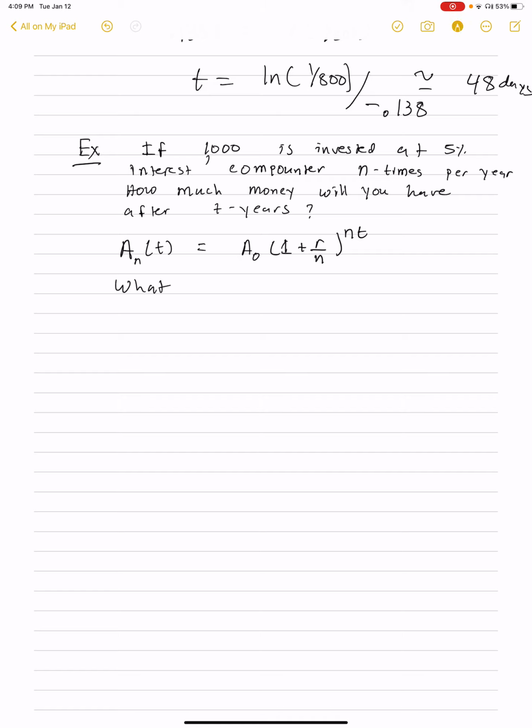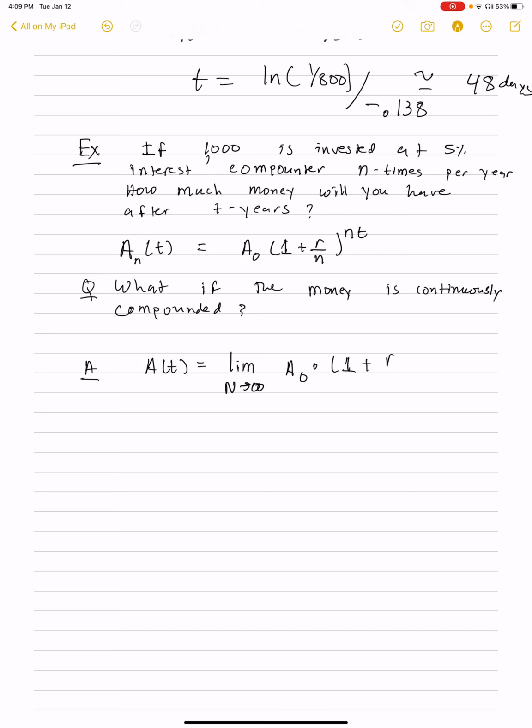What if the money is continuously compounded? Well, all this is saying is that there's not a finite number of compoundings, so let's take this limit as n goes to infinity of A0 times 1 plus r over n to the nt.